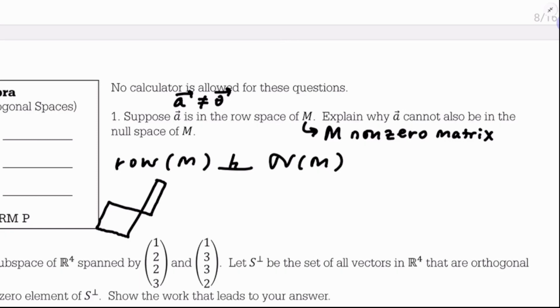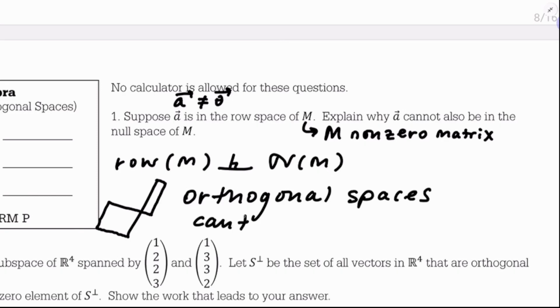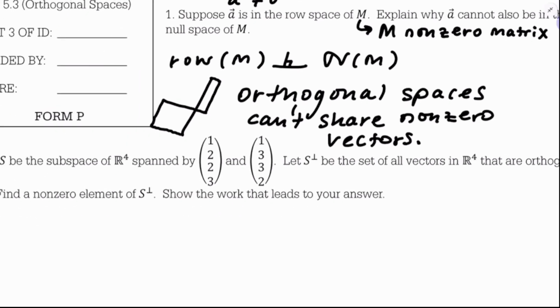Because they're orthogonal spaces, orthogonal spaces can't share non-zero vectors. Question, need to do a little bit of a reword there.